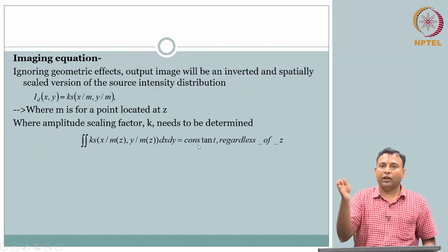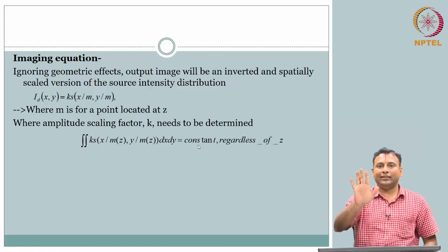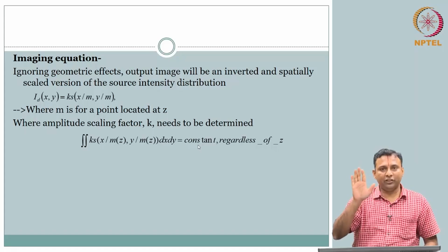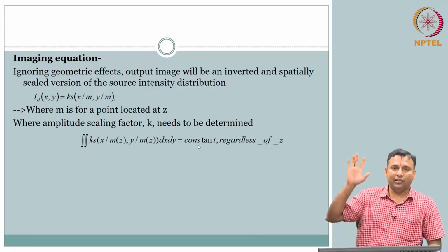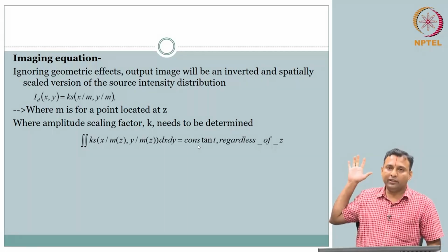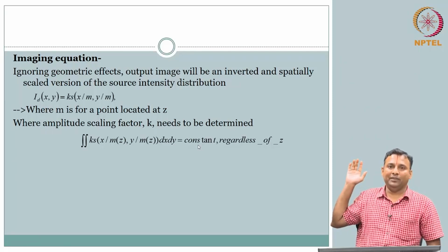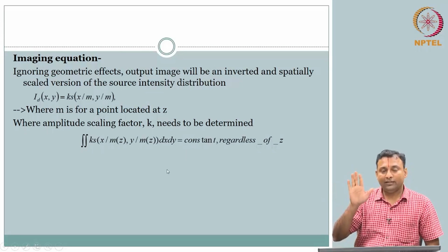Whether you are coming close to or going further away from the detector does not matter. Magnification is going to change, and based on this my intensity is going to be reduced or increased. But as long as I sum all of what is falling on the detector, that is going to be the same. However, this itself can be different.